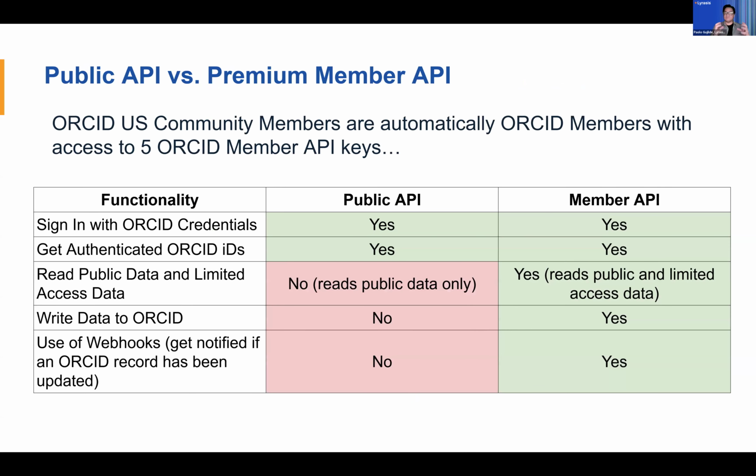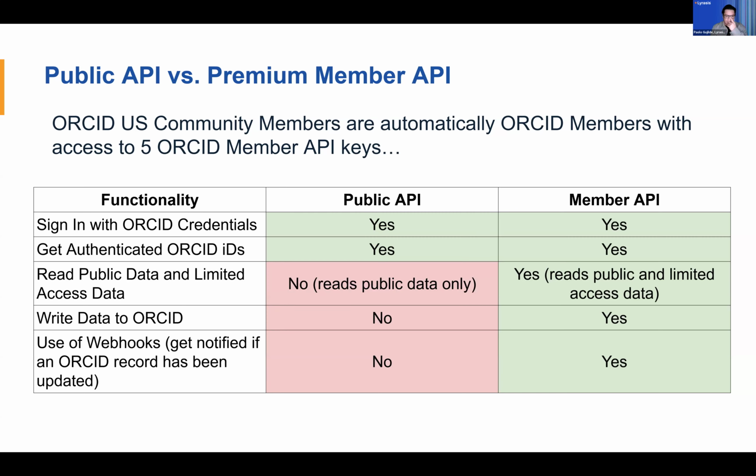In ORCID, there are options for an API. There are actually two APIs that you're probably going to get familiarized with: a public API and the member API. If you are a member of ORCID, especially through the ORCID US community, you will get access to five ORCID member API keys. The public API has its own functionalities, and the member API has functionalities beyond what you can do with a public API.